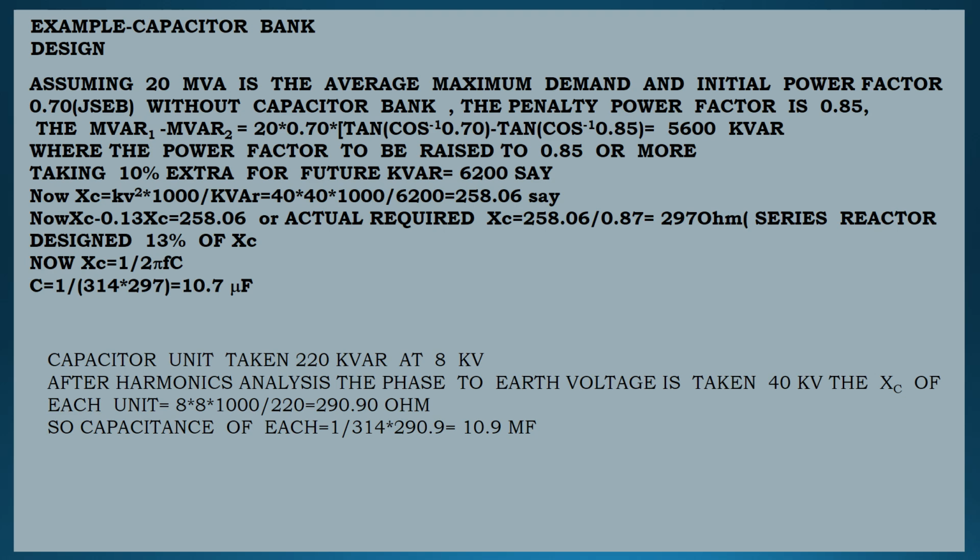The lagging kVAr will be neutralized by the leading kVAr. So the angle between megawatt and MVA will reduce, and according to their requirement, no penalty will be imposed as the angle is reduced to less than 30 degrees.